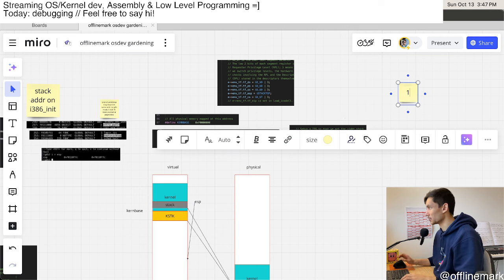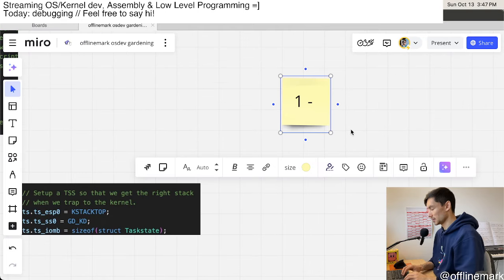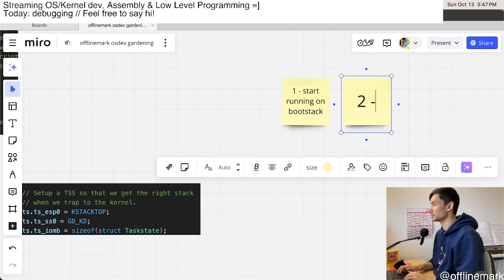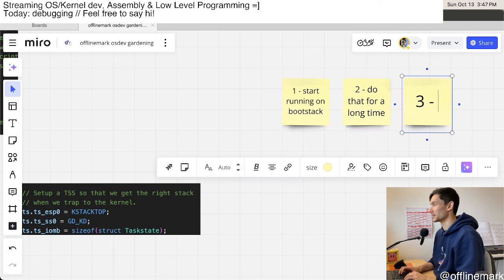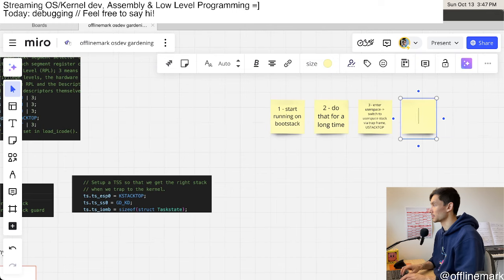So it's basically: 1, start running on boot stack. 2, do that for a long time. 3, enter user space, switch to user space stack via trap frame U stack top. 4, interrupt or exception happens, switch to K stack top via TSS and IDT.